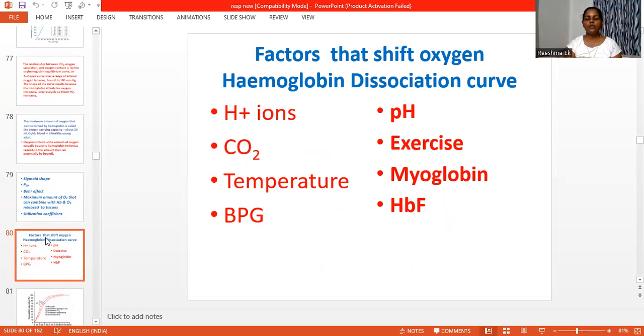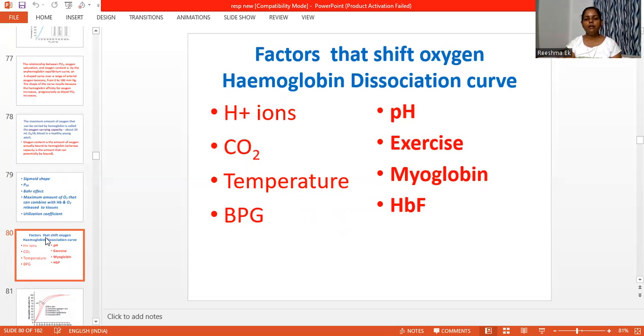So the relationship between oxygen and hemoglobin is affected by various factors. That means the oxygen hemoglobin dissociation curve is affected by some factors. These are the various factors affecting the curve.